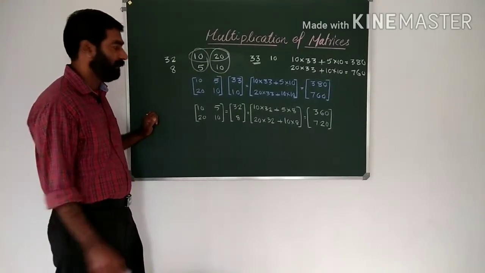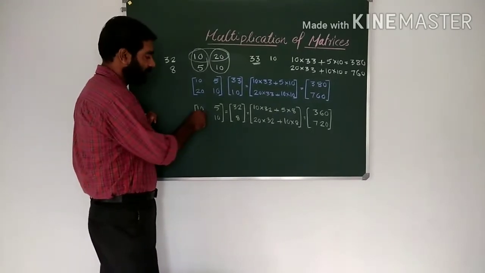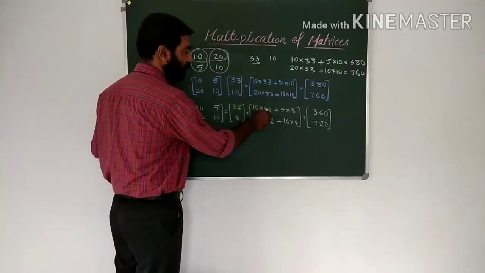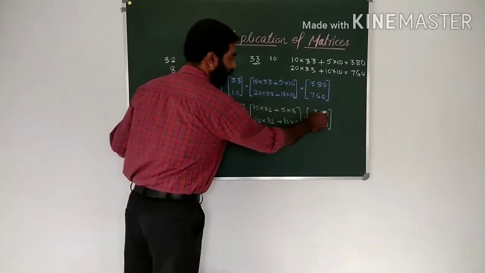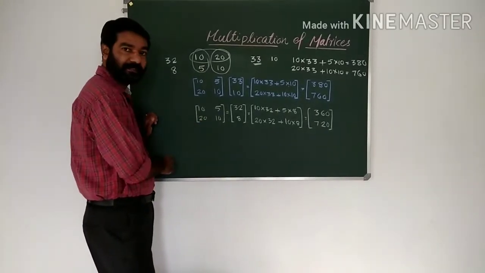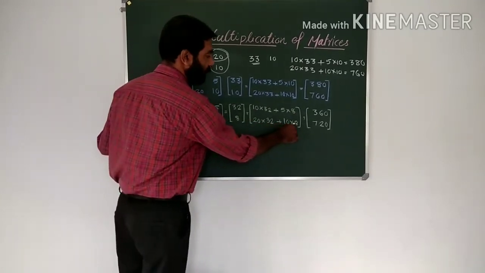So I need 10 notebooks and 5 pens. The price is 10 into 32 plus 5 into 8, only 360 rupees. And my friend, 20 notebooks and 10 pens: 20 into 32 plus 10 into 8, 720.